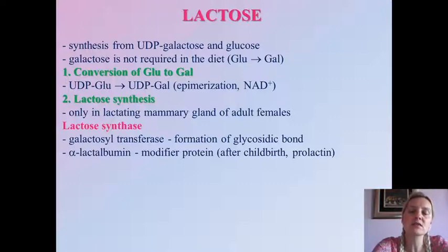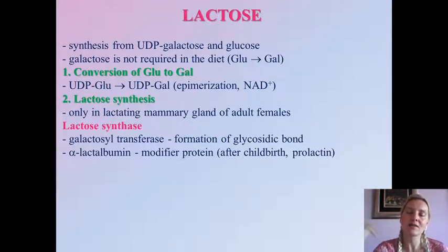Lactose synthesis occurs only in the lactating mammary glands of adult females during the lactating period, and the enzyme which completes the synthesis is called lactose synthase. This enzyme actually has 2 domains. The first one exhibits enzymatic activity, galactosyl transferase activity, which is responsible for the formation of the beta-1,4 glycosidic bond between glucose and galactose.